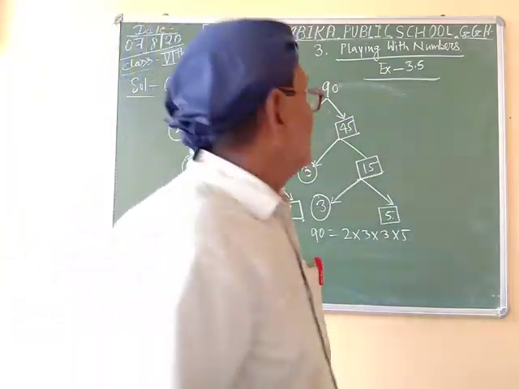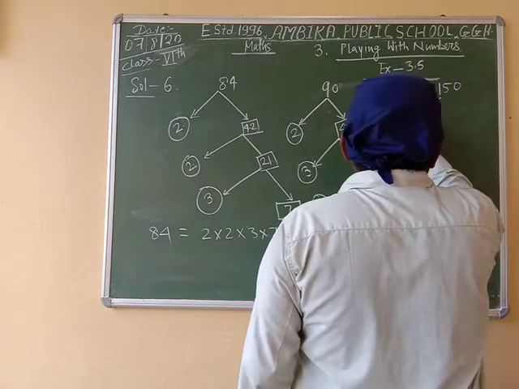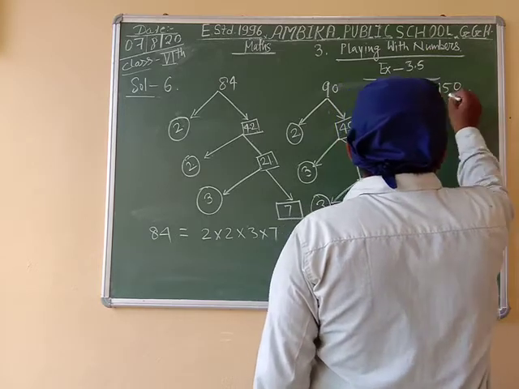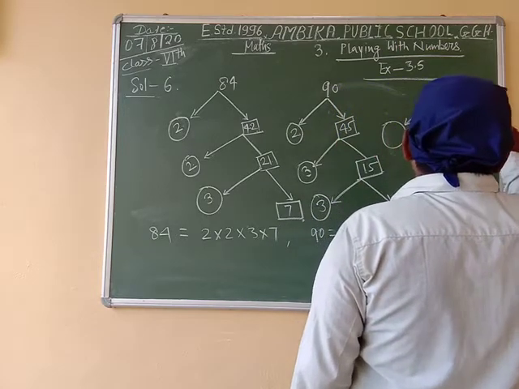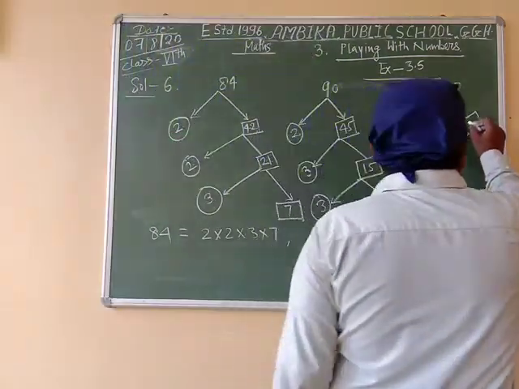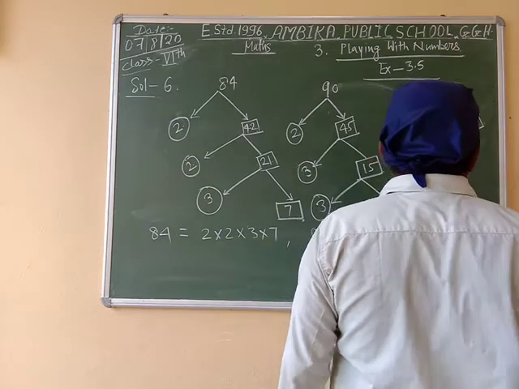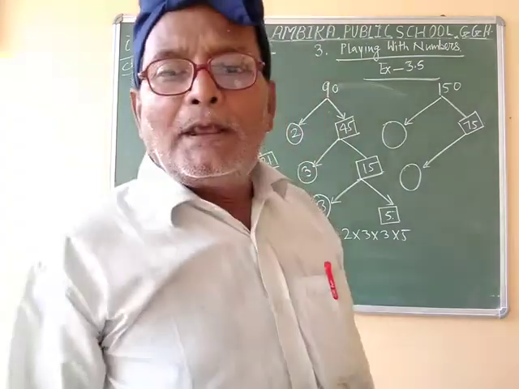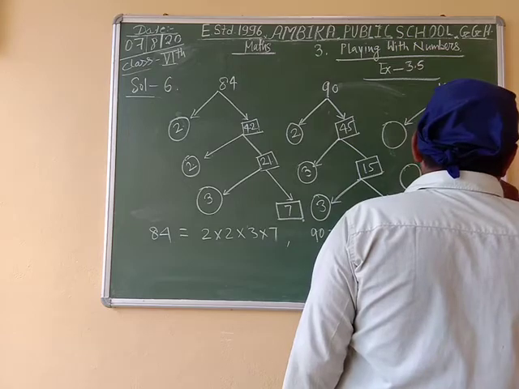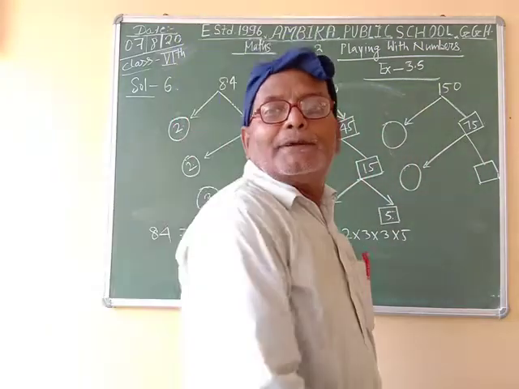Similarly, the third number is 150. Dividing 150 by 2, 75 is obtained, and also dividing 75 by 3, we get 25 as quotient.